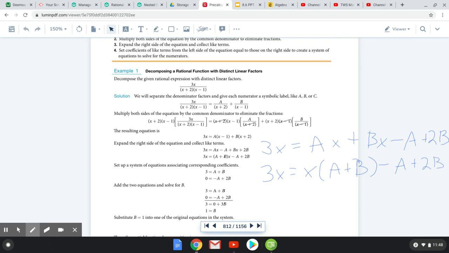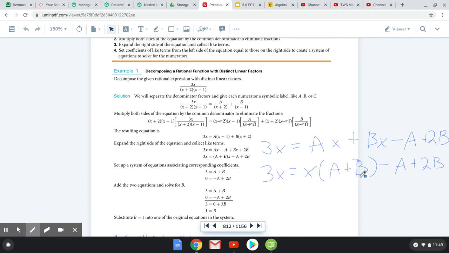And now the logic here is that whatever is with the x on this side of the equal sign has to equal what's with the x on this side of the equal sign. Hopefully that makes sense to you, right? If I have two things that are being multiplied by x, and I want them to be equal to each other, then the things that are being multiplied need to be equal to each other.